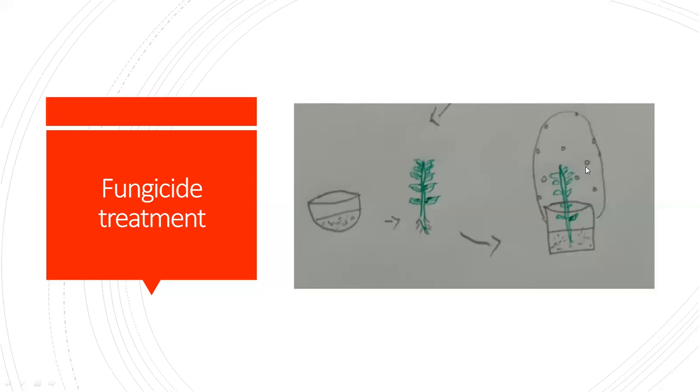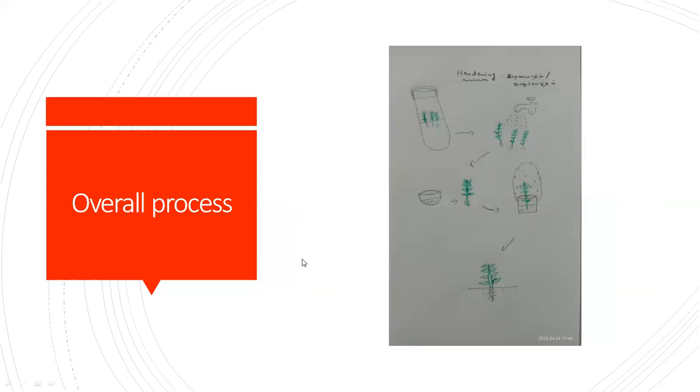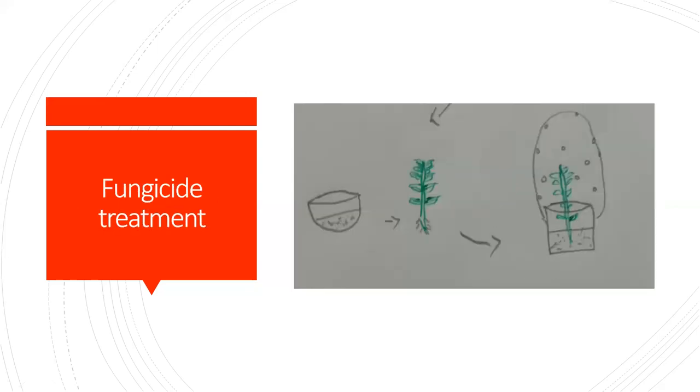Then increase the plantlet's exposure to sunlight for more time. Finally, the plantlet is introduced into the natural environmental condition. Here, the poly bag behaves like a greenhouse, giving a protective environment.